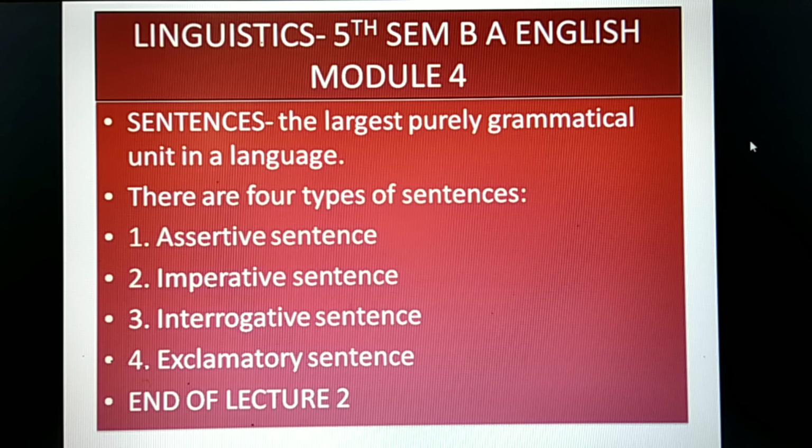We can say that interrogative sentences can be WH questions on one side and yes or no questions on the other side. What are WH questions? WH questions are questions that begin with who, what, when, why, where, how, etc.